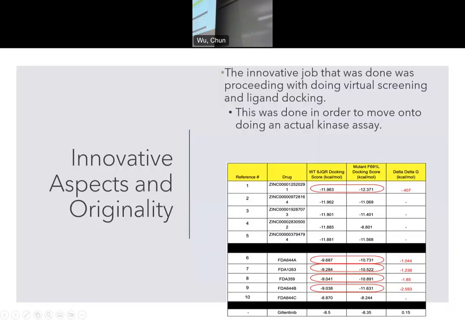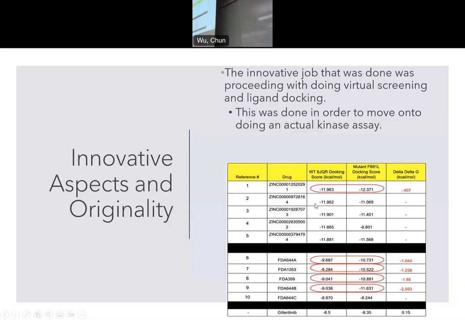And then the innovative aspect of this was completing a kinase assay after doing the virtual screening and the ligand docking. All of this process was very new and innovative, and came up in recent years. Even though for the kinase assay we didn't use a myosin protein inhibitor, it helped in designing an assay like this one, but using myosin protein and inhibitor.